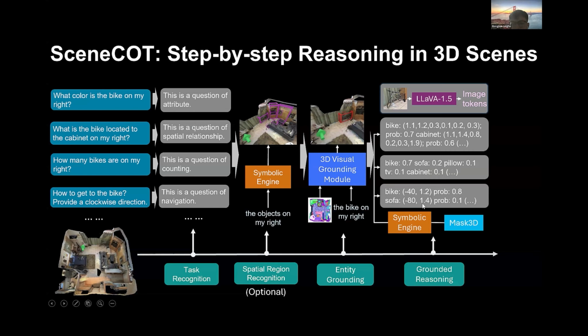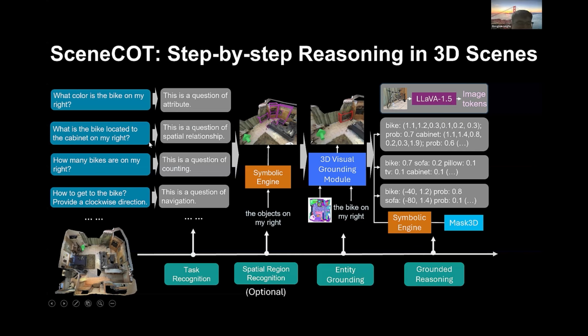Lastly, we will construct the visual cues based on the question type. For the first attribute-related question, we will retrieve the image and then get the image tokens to provide the visual cues.